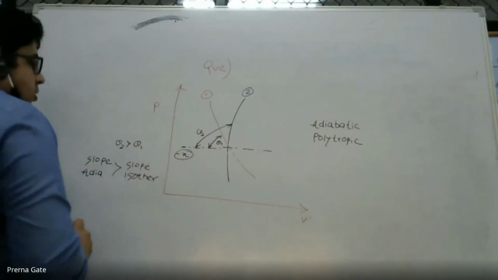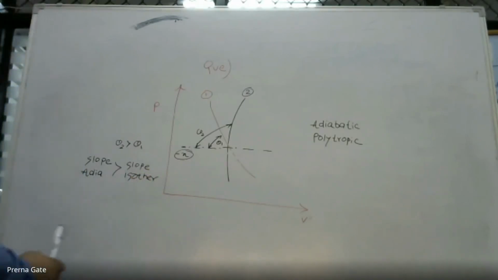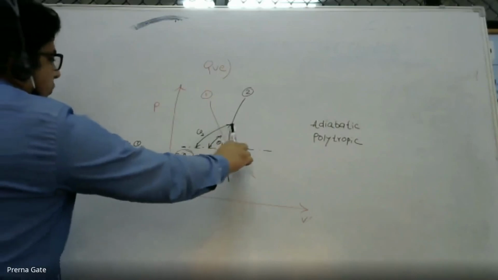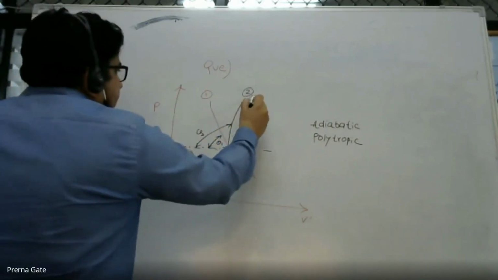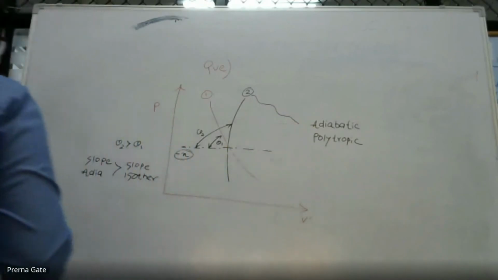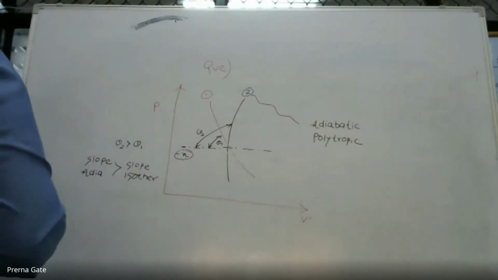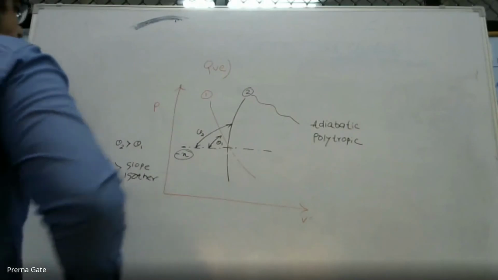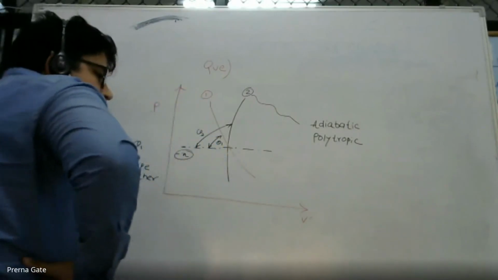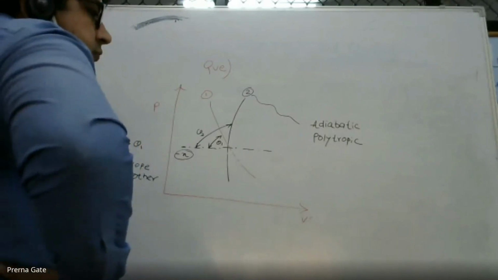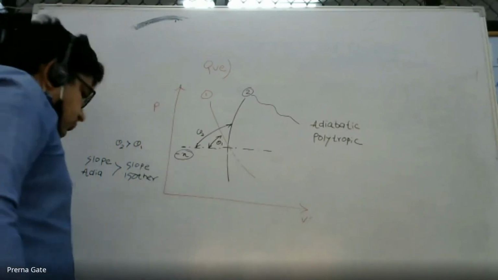So now you can easily tell, as this angle is more, process 2 is adiabatic and the other one is polytropic, or it can be isothermal also. So now let us end our discussion.